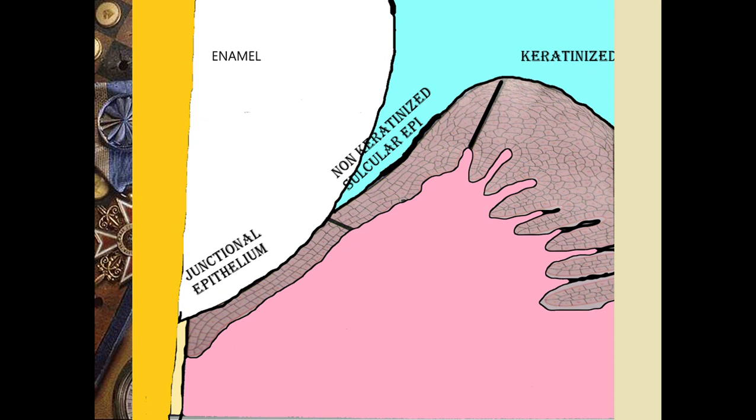Histology of the pocket. Let us have a quick look into the histology of the periodontal pocket. The junctional epithelium cell lies in healthy condition at the cemento-enamel junction with no finger-like projections.